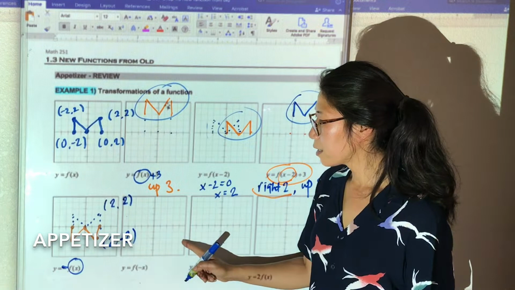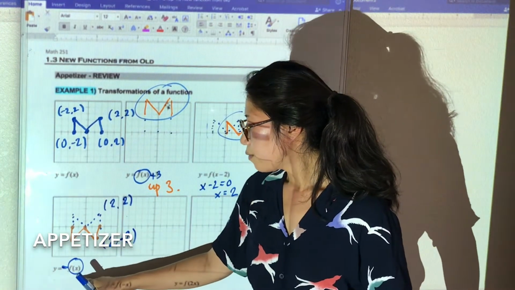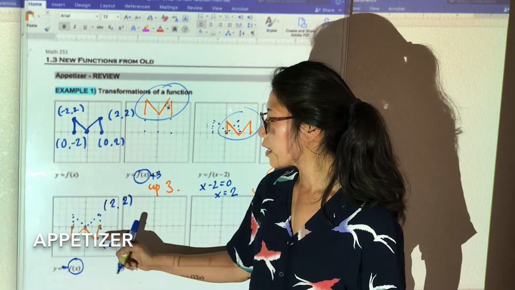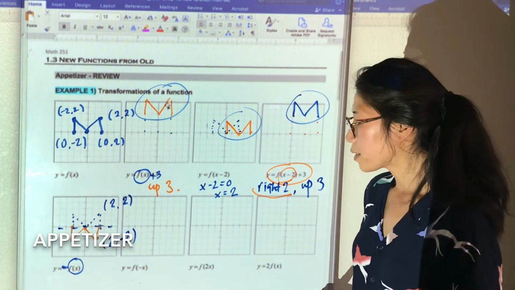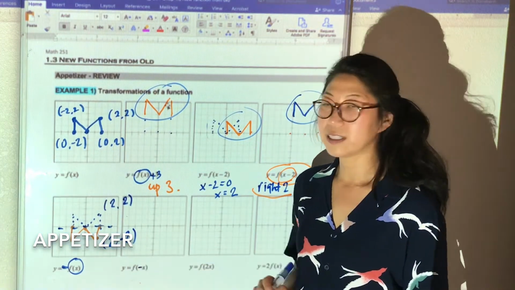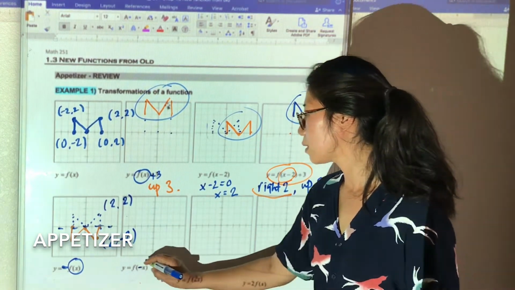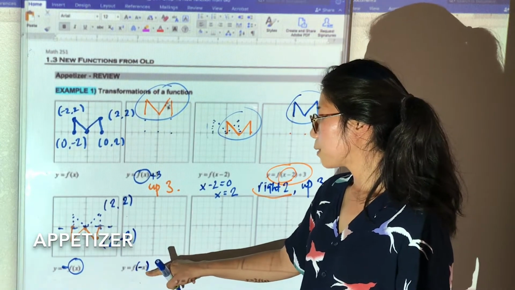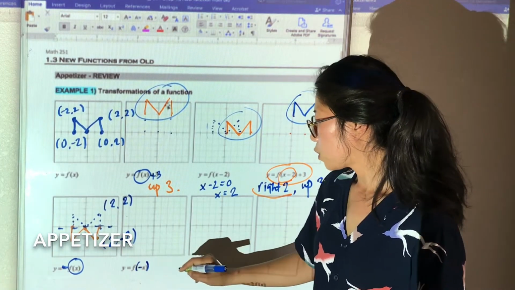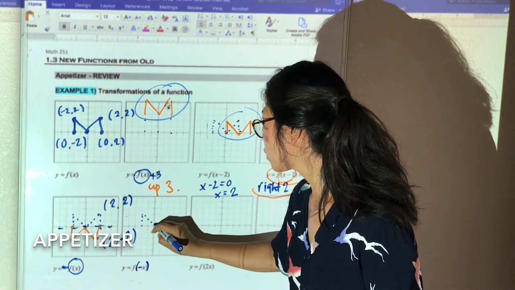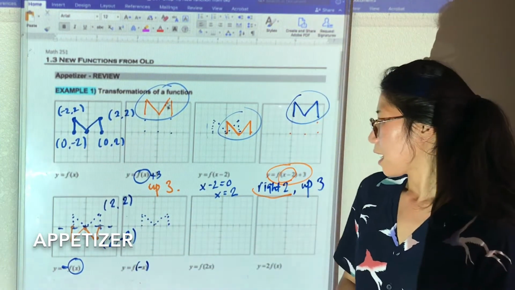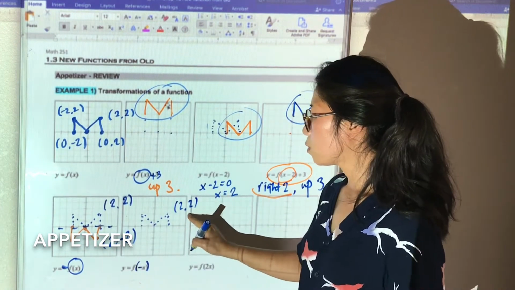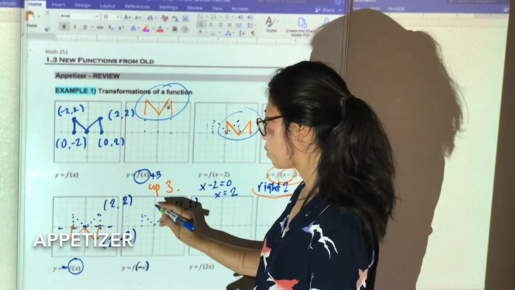Then keep applying the logic here. If I put a negative outside the function, it flips over the x-axis. What's going to happen if you have a negative inside of the parentheses? This will make all your x values flip to negative, which means I had the original function M shape here, and if I have this coordinate 2, 2, this will be negative 2, 2.